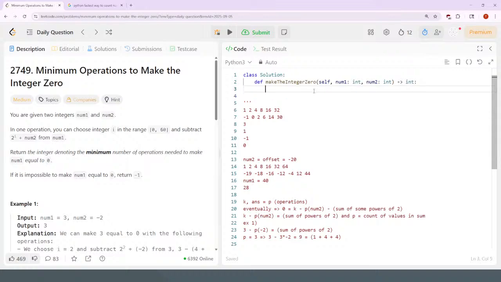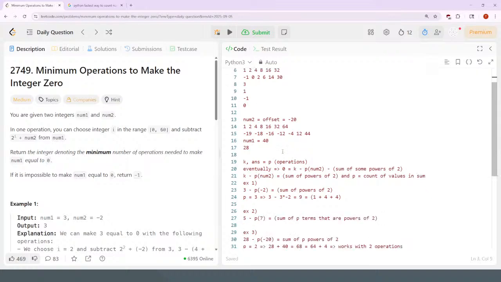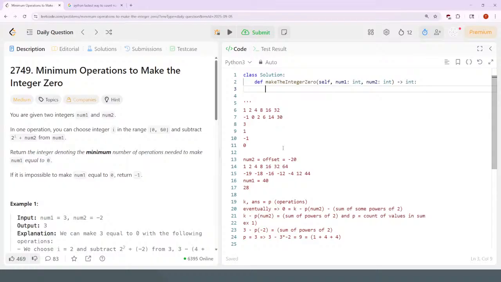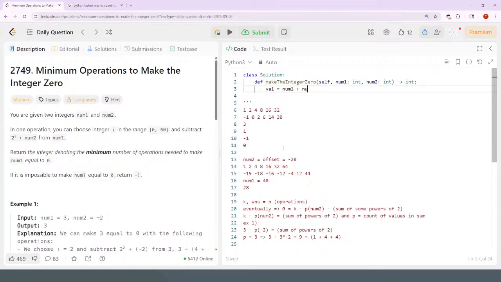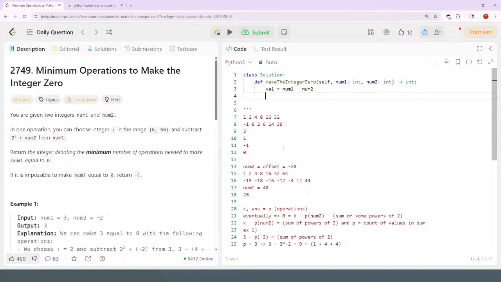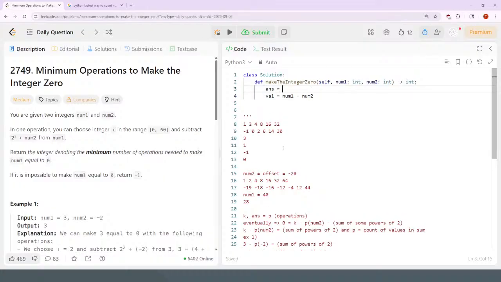So I think K is num1. So let's say the value is originally num1 plus num2. Each time, no, this is minus num2. So answer is equal to 0.